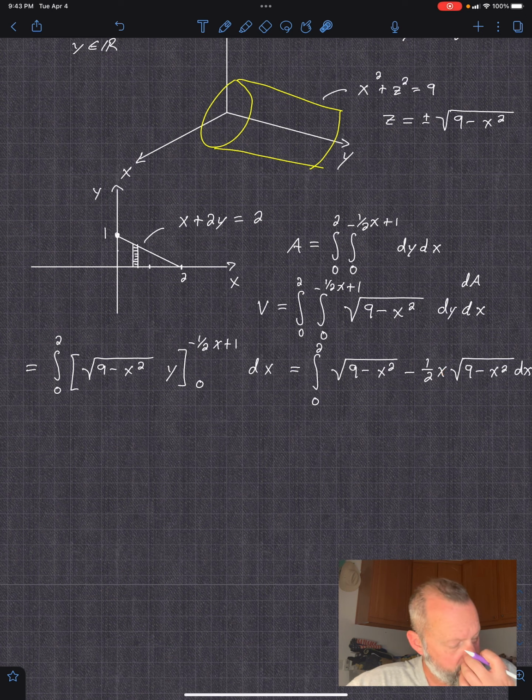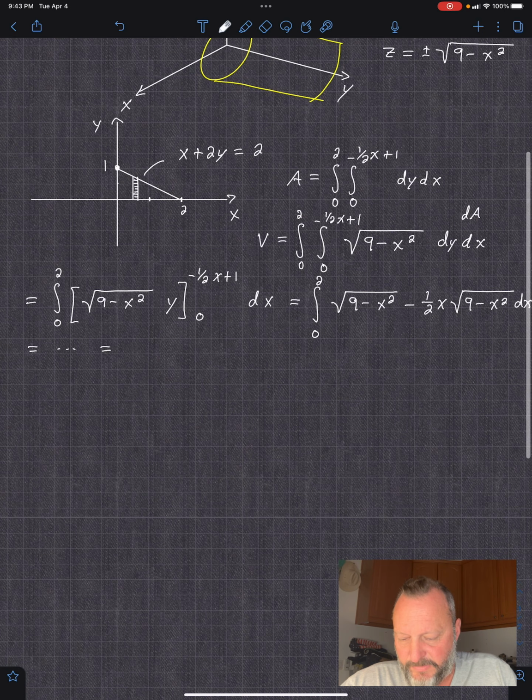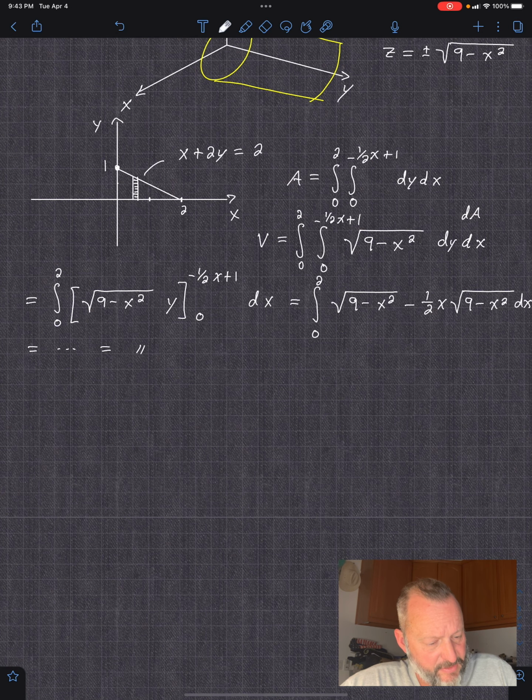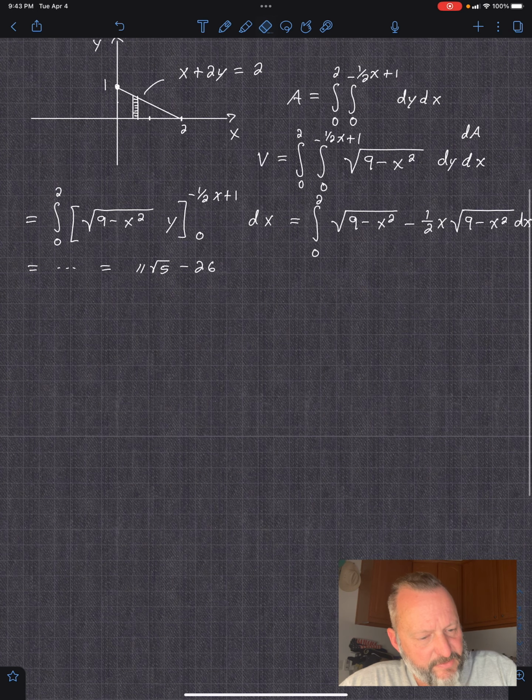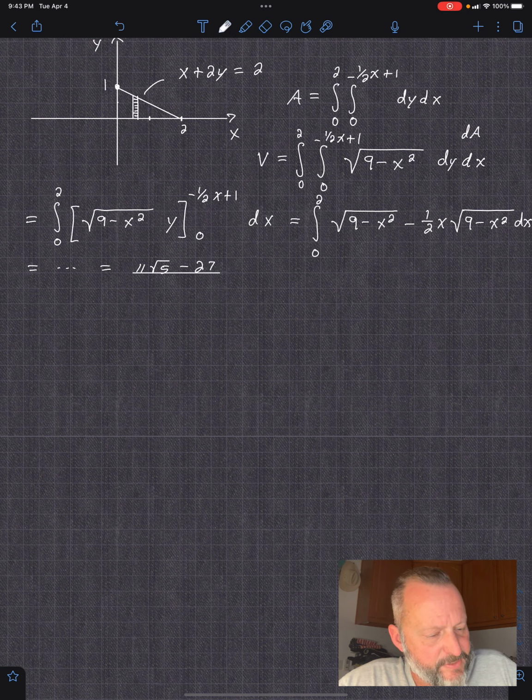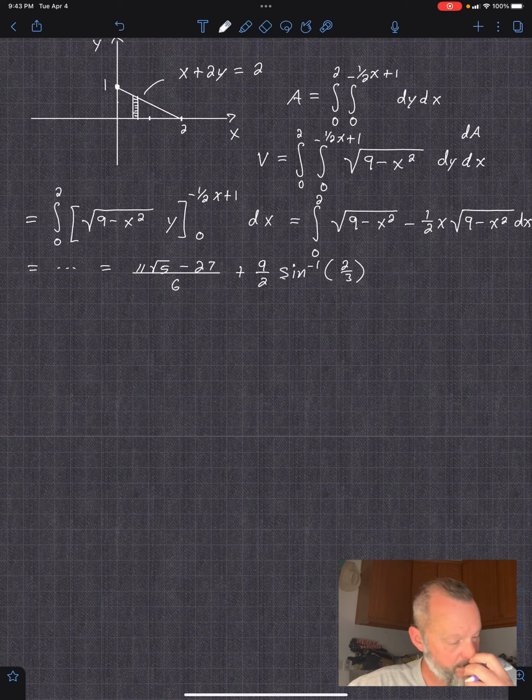So try that, work on that, see what you get, pause it, etc. And you should get kind of a messy answer, but it's 11 root 5 minus 27 over 6, plus 9/2 times inverse sine of 2/3 as your value. So kind of weird, kind of messy.